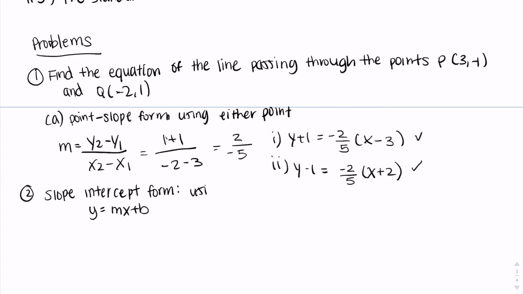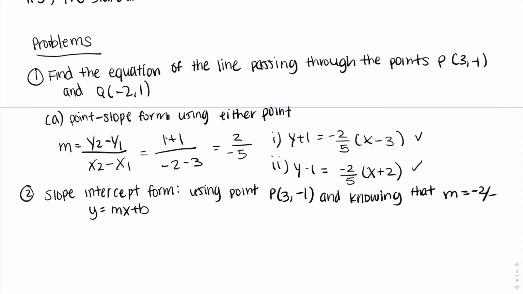So using point P (3, negative 1), and knowing that m is equal to negative 2 over 5.